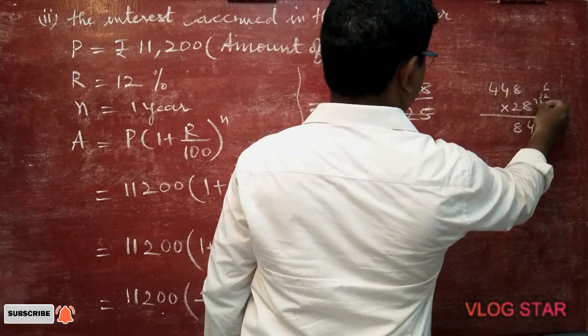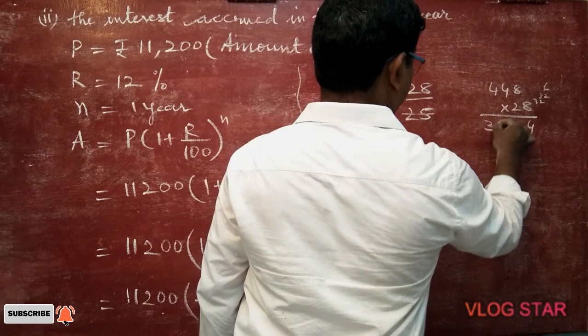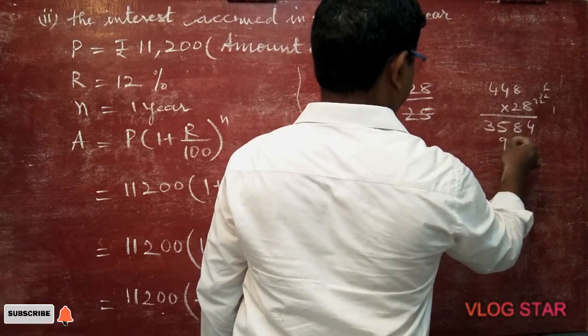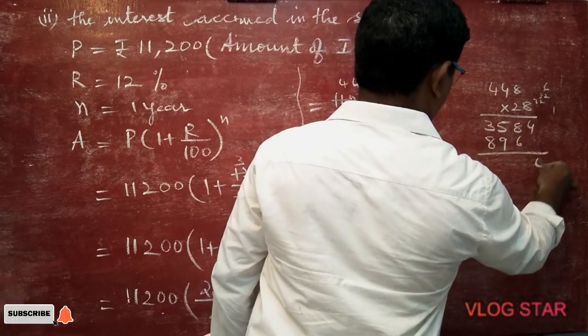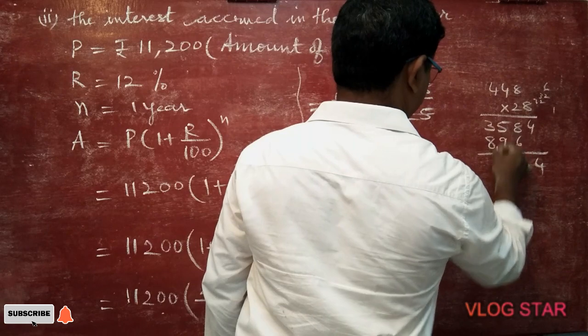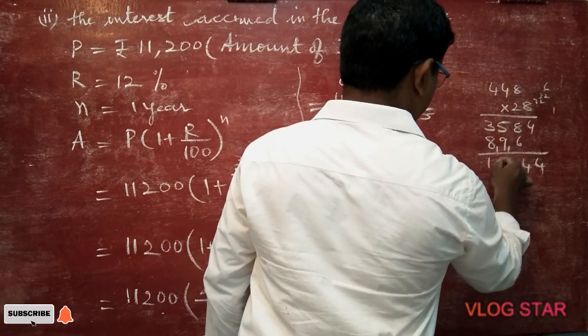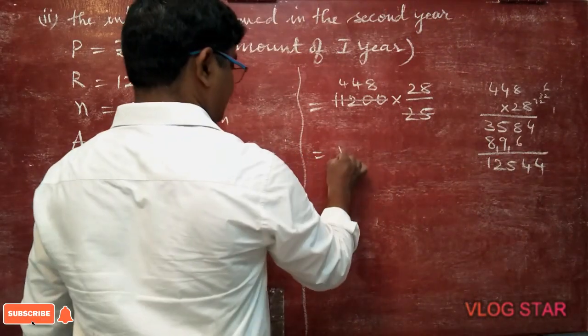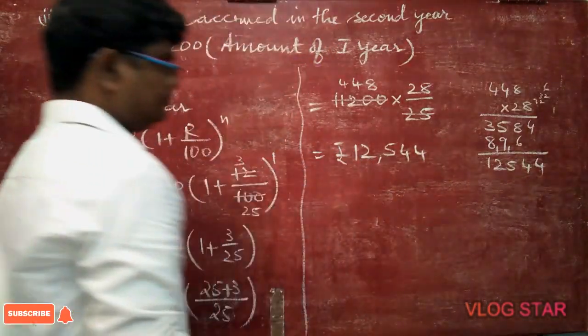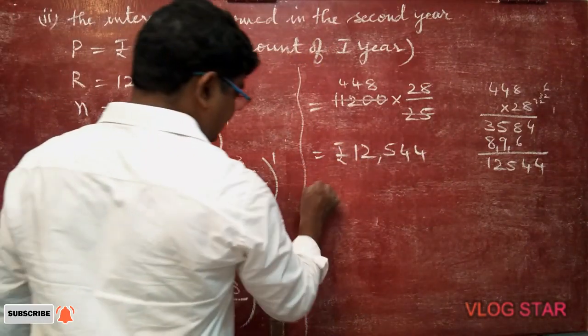Again 32. So 35. 16 1. 8 9. Here 8. 4. 14. 15, 11, 12. So how much we got is rupees 12,544.